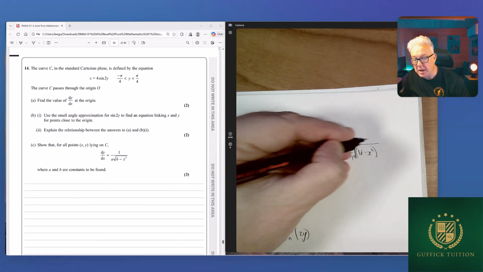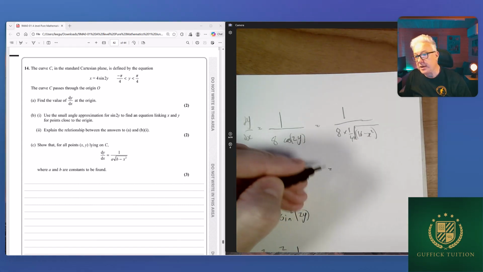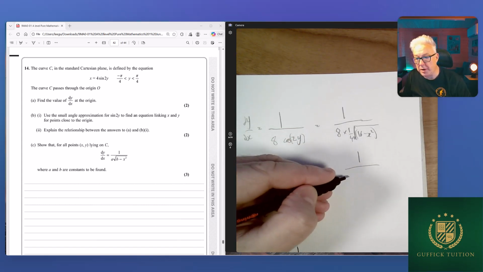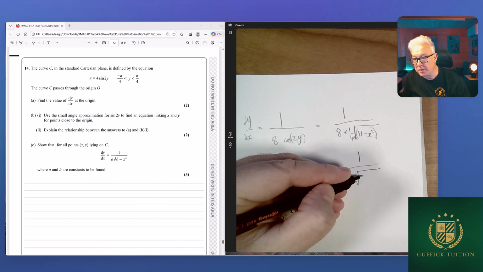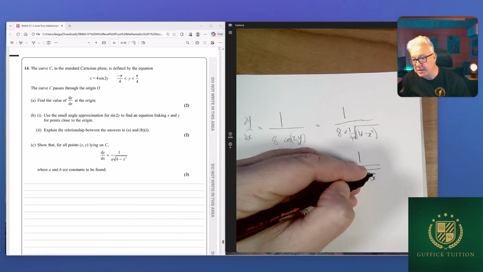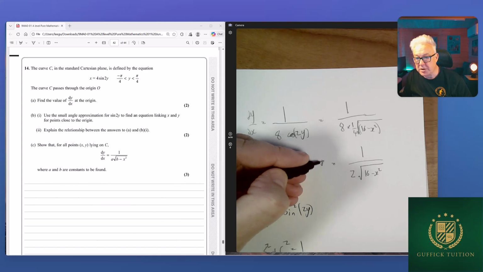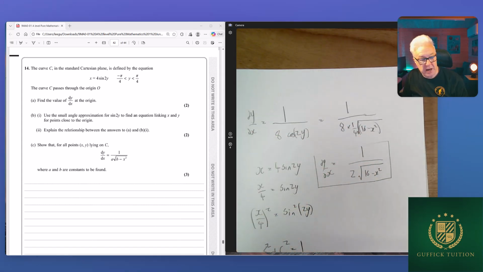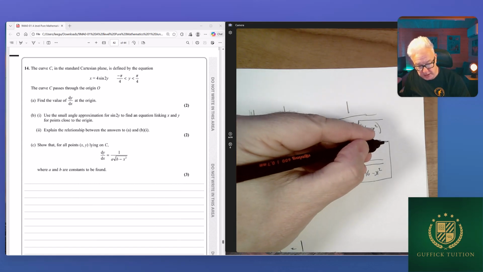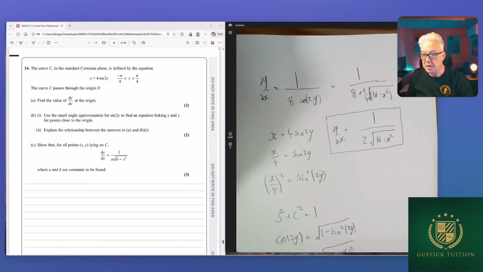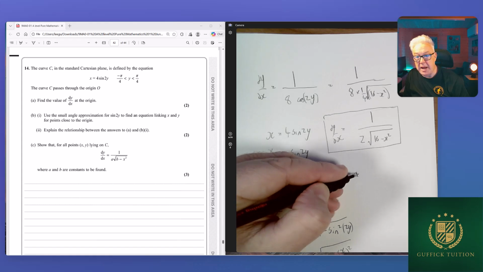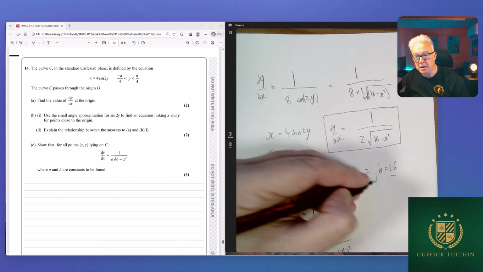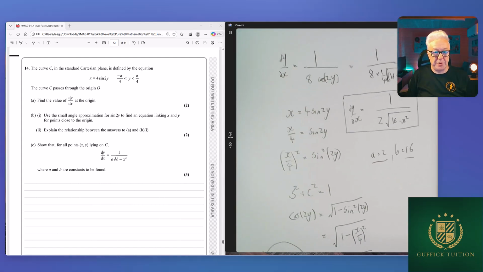Now 8 times a quarter is 2, so we end up with 1 over 2 times the square root of 16 minus x squared. And that is our expression for dy by dx, which is the end of this question. So we can say that a equals 2, and b is equal to 16. A little bit of an unusual question, but that was the last one on the paper.